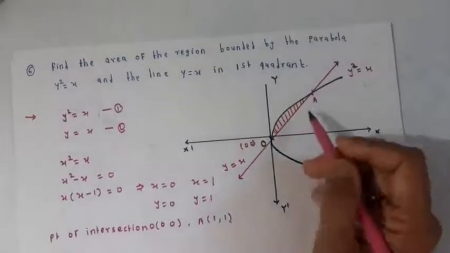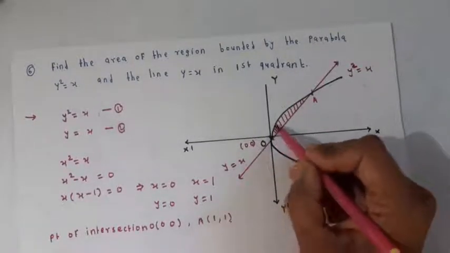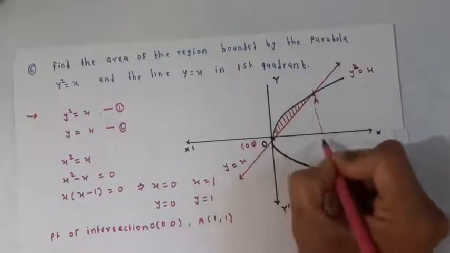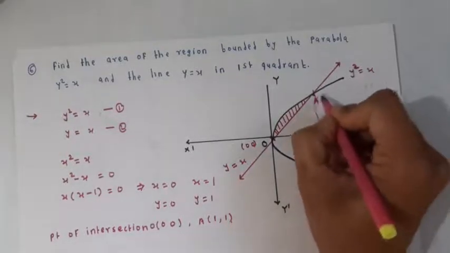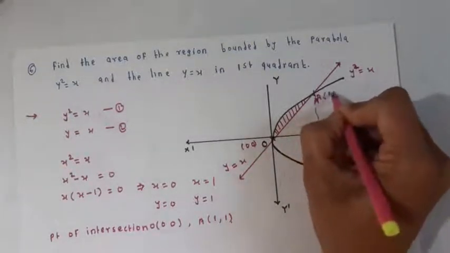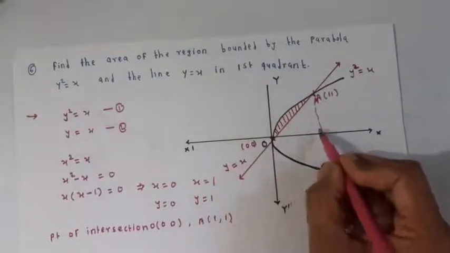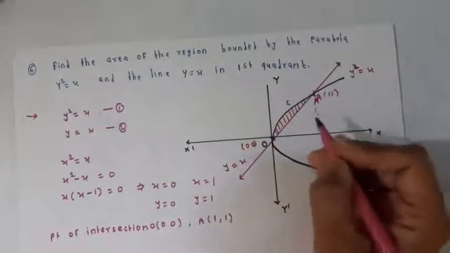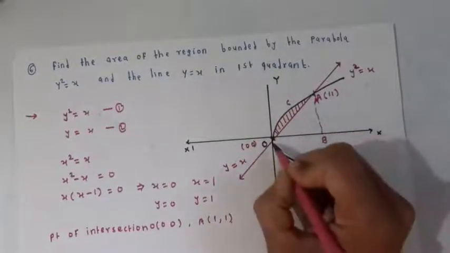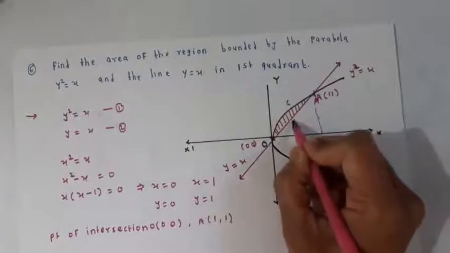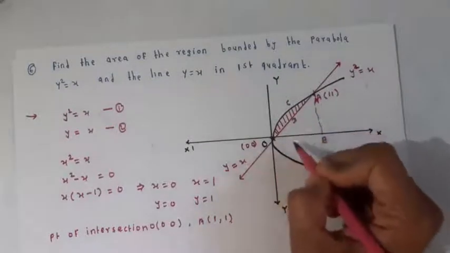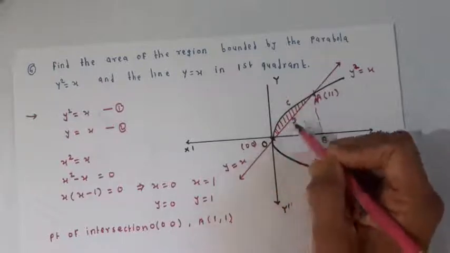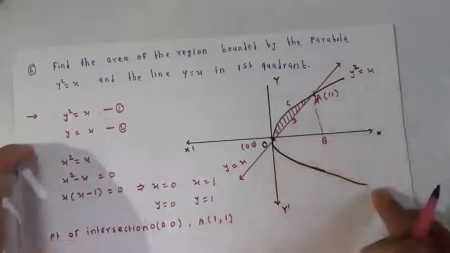Now to find this area, let us find the area due to the parabola, this much area, that is, suppose OBACO, and minus area OBADO, meaning the triangular area minus this curve area, and we will get the required area.